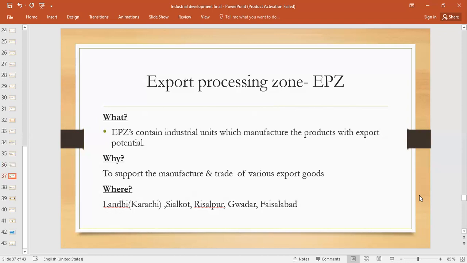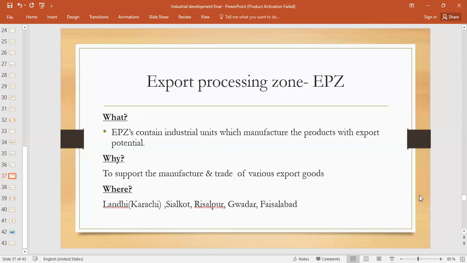All the products that need to be exported are dealt with by EPZs. What is the reason to establish EPZs? That is to support manufacturing and trade of various export goods, right? What are the locations? Landhi at Karachi, then Sialkot, Risalpur, Gwadar, and Faisalabad. In all these places EPZs are established.